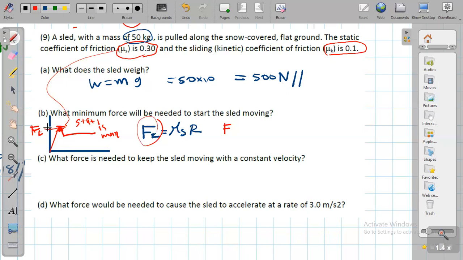If you find the maximum friction, that is the minimum force. In terms of the friction, that is the maximum; in terms of the moving force, that is the minimum.